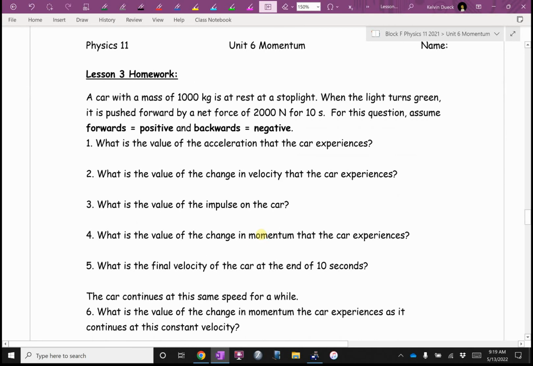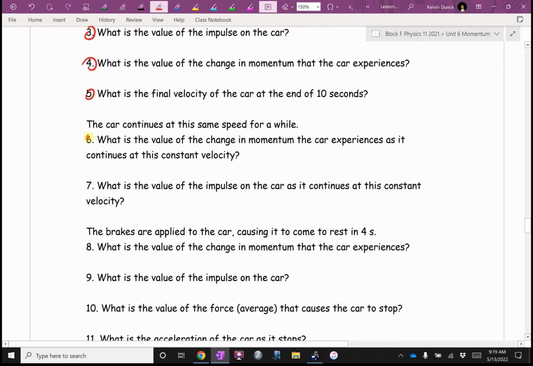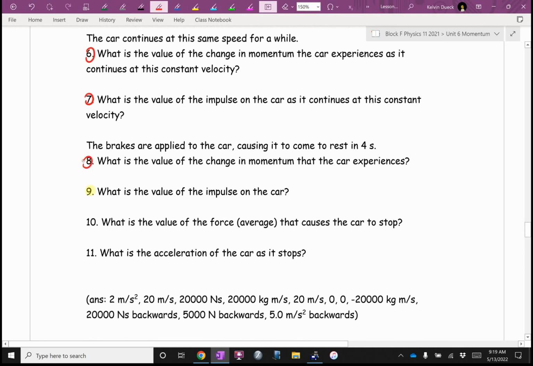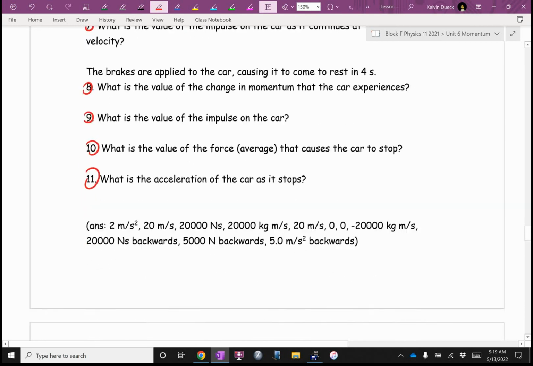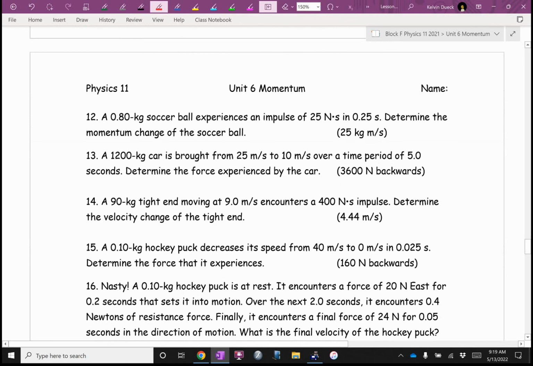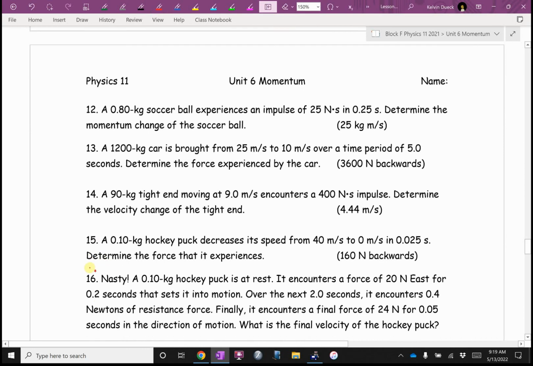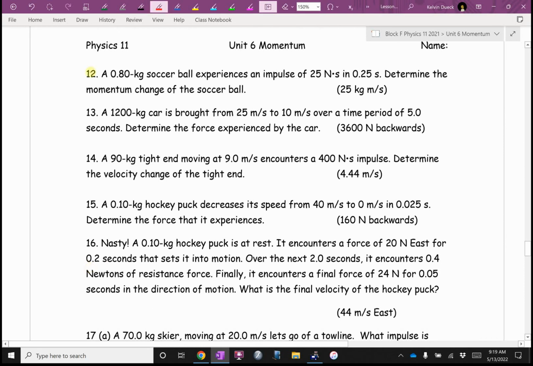What's your homework? That was a lot of me talking. You can try 1 through 11. The answers are all there. Those will go pretty quick. Number 12. 13 is good.